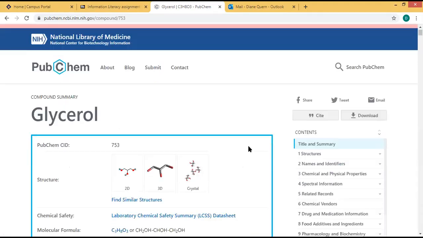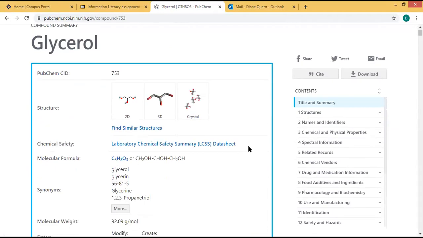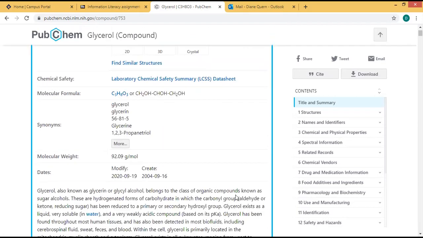I don't know if it's going to help too much with purpose, but there's a few different structures you could choose from. So here's the molecular formula, C3H8O3. So you could use that to figure out if there are covalent or ionic bonds.